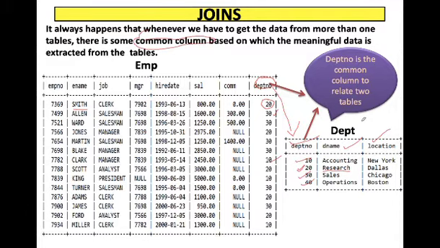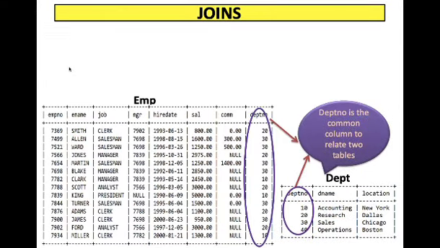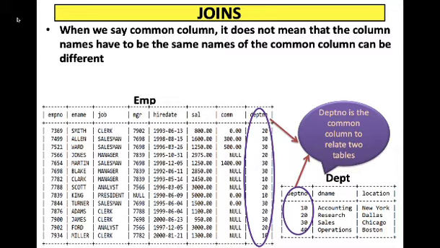So whenever we are talking about common column, that is dept number and dept number in emp and dept, then there are a few things which should be kept in mind. The first thing about the common column is that it does not mean the names of the common column should be the same.